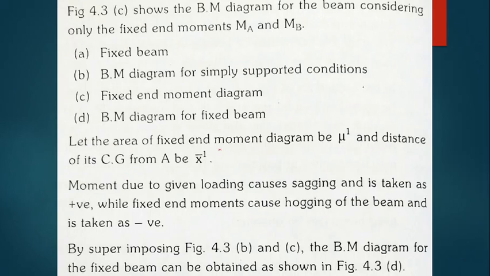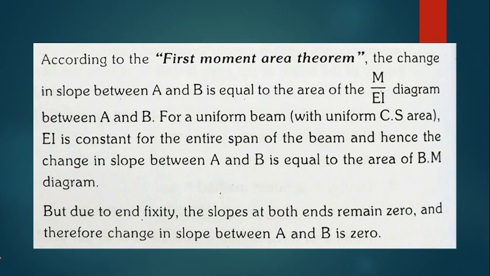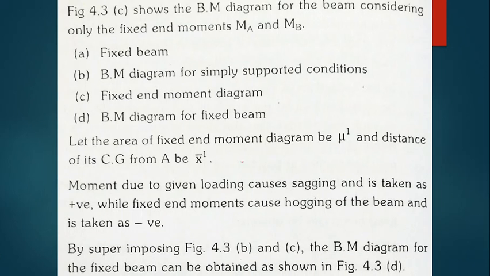Let the area of the fixed end moment diagram be mu dash, and the distance of its CG measured from A be some x bar dash, like this. This is for the fixed end moment diagram.